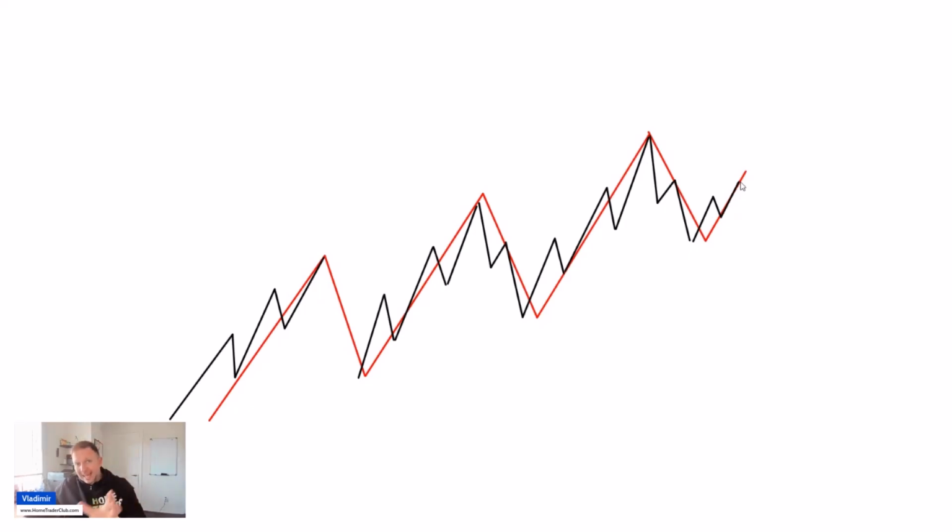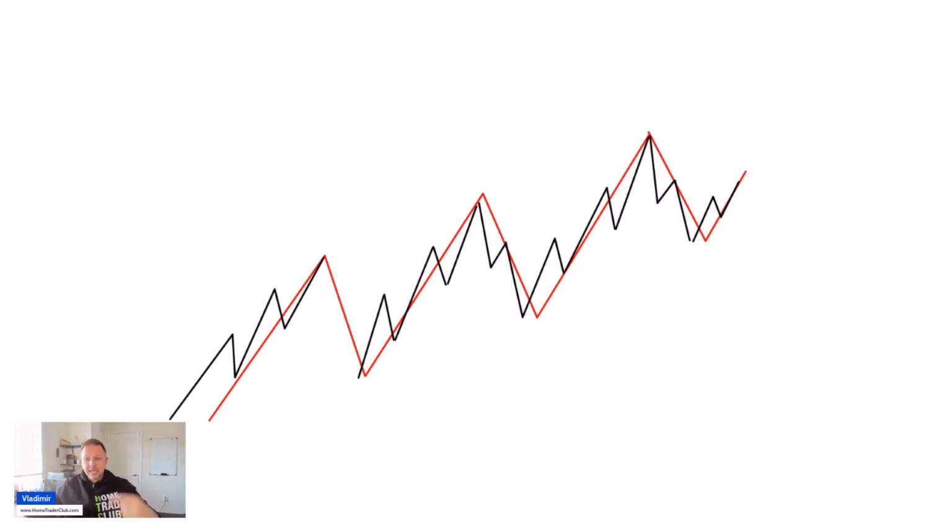So the daily is now synchronized with the weekly chart, when it was not synchronized during the correction, because the daily was making lower highs, lower lows, while the weekly was making higher highs, higher lows. At that point, the daily is again making higher highs, higher lows, which is synchronized with the weekly time frame.